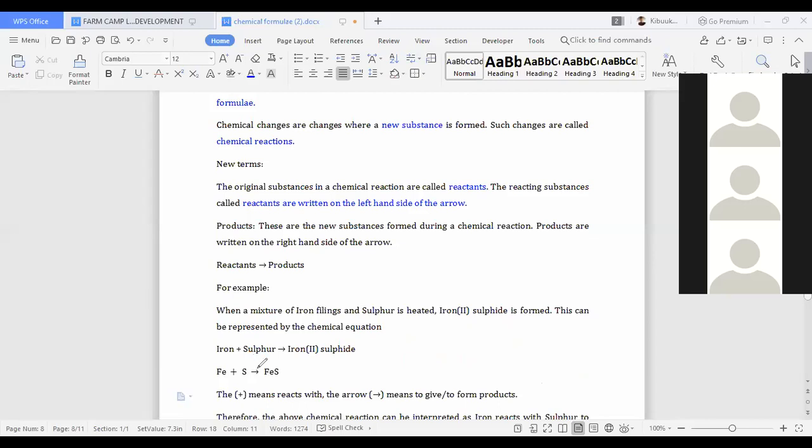And the arrow means this is our product, the iron 2 sulfide. So in that case, we have our iron reacting with sulfur to give us iron 2 sulfide.